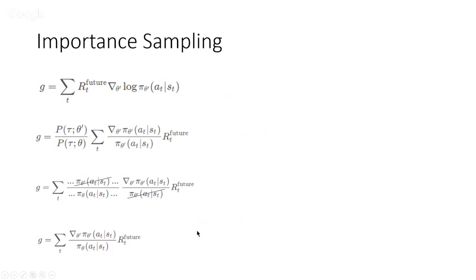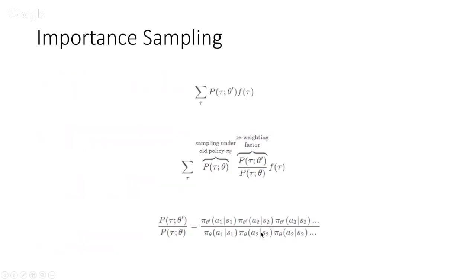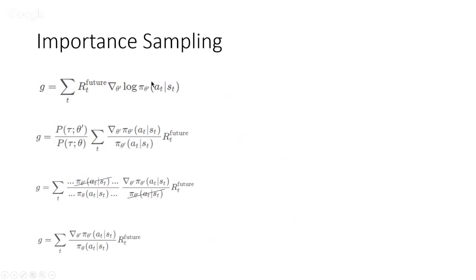Right? So how do we incorporate this in our main gradient function? This is our new gradient equation with theta prime, but this is incomplete because we are using the same trajectory tau, but with the new, updated theta.